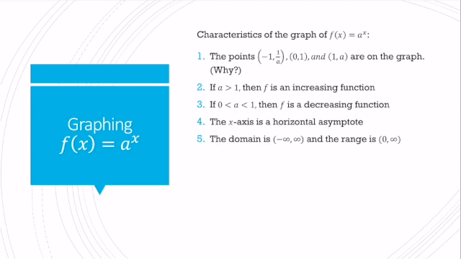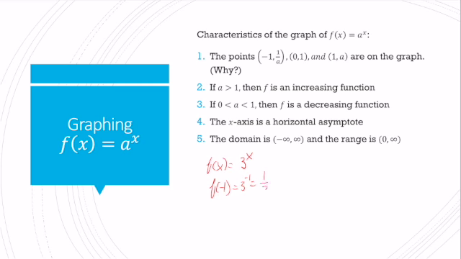Some key points to take away are that negative 1, 1 over a is always on the graph. 0, 1, and 1, a are on the graph. Why is that? Let's say we had f of x equals 3 to the x. If I have f of negative 1, that gives me 3 to the negative 1, which is 1/3.